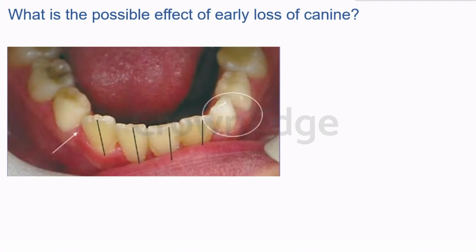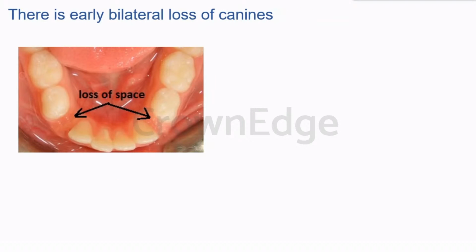Okay. So I mentioned this as unilateral loss of canine. So what can happen with bilateral loss of canine? Can anybody tell me? One extra thing would add up if there is bilateral loss of canine. So if there is bilateral loss of canine, there will be definite space loss here.